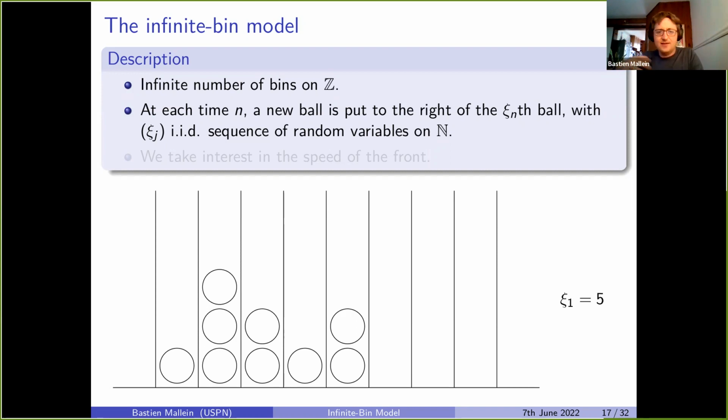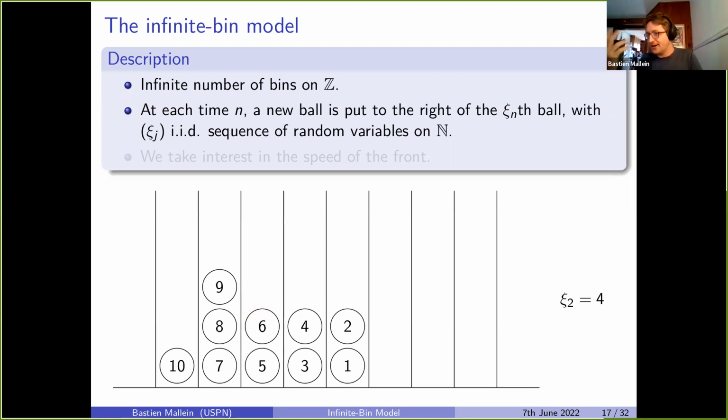We take an interest in the speed of this front of balls. For example, if at time 1 I have psi_1 equal to 5, then I enumerate my balls from the rightmost one to the leftmost one. I find where the fifth rightmost ball is in my bean configuration, and I add a ball exactly to its right. Then I start over again. So psi_2 is equal to 4.